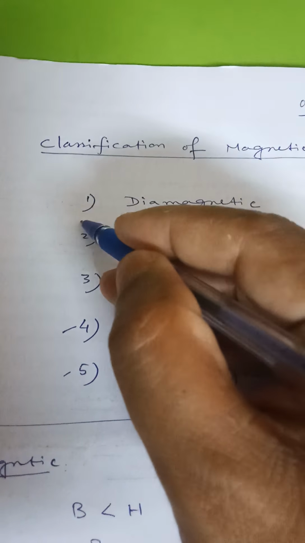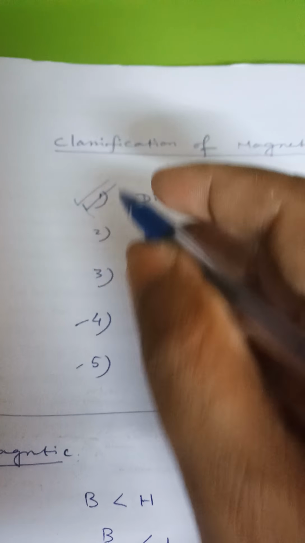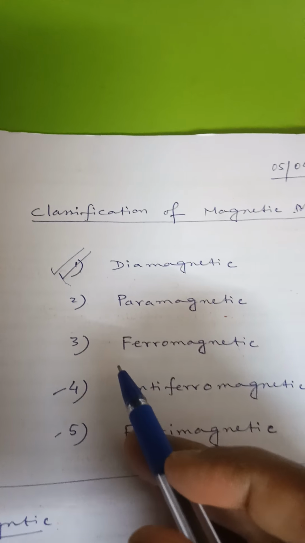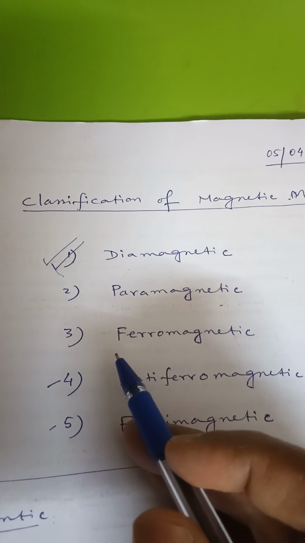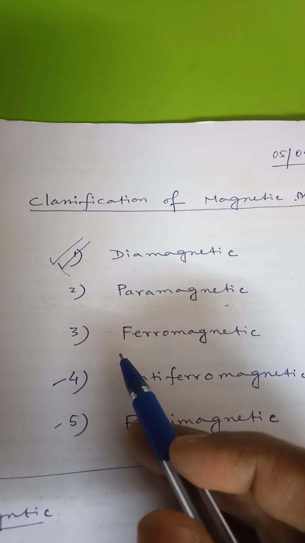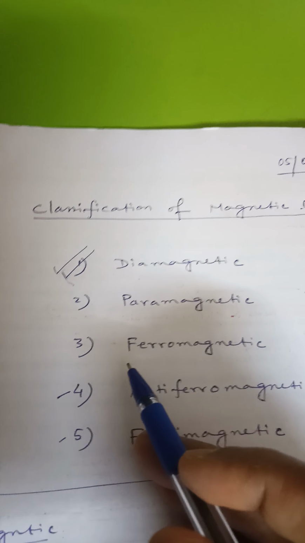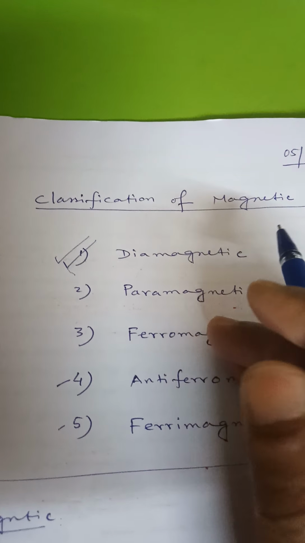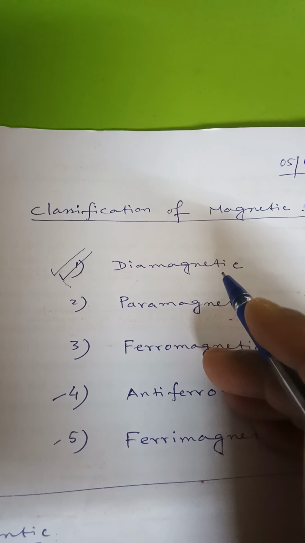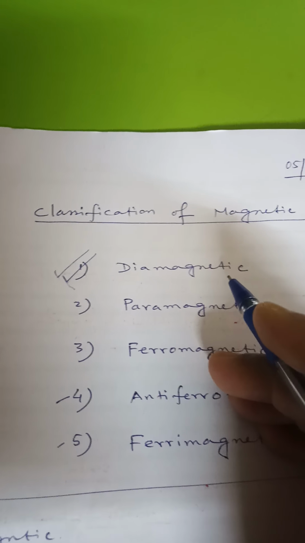First we consider diamagnetic material. Which one is diamagnetic material? Diamagnetic materials are not purely magnetic materials. The properties of diamagnetic material are the following.